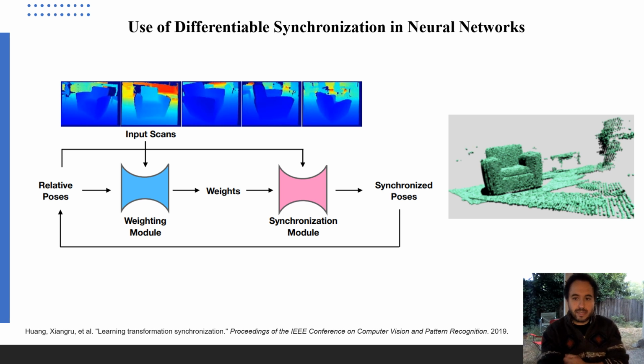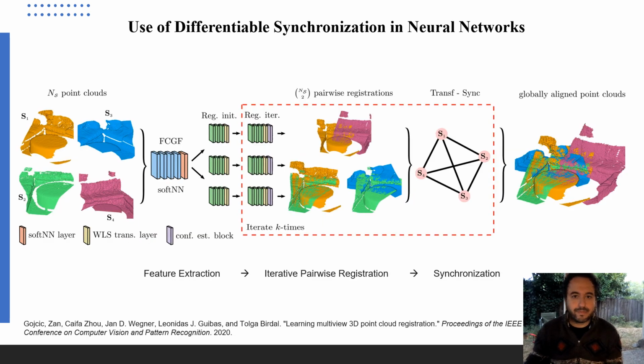So here in this example, we can formulate a robust registration where the weights of the robust estimator are determined by a neural network, and the estimator itself uses those weights to synchronize different views. And by that, we can have more robust registration.